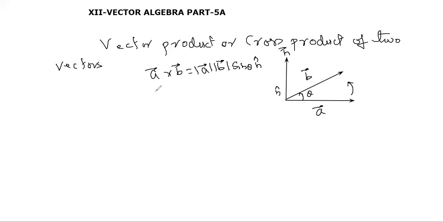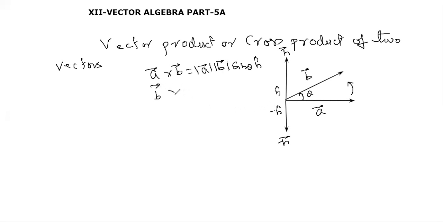If you are moving from B cross A, then this unit vector will be in the downward direction. Obviously the above is n, so the below direction will be minus n. So minus n cap will be the unit vector.